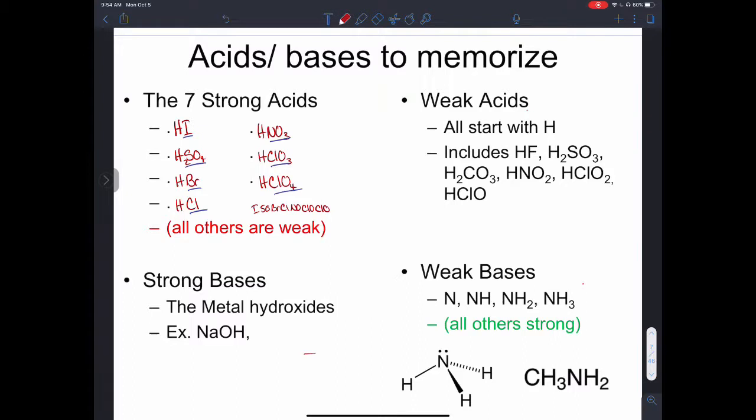So if you can remember isobroclo, no clo-clo, then you can write out the acids pretty easily, knowing that they all start with a hydrogen, and then it's hydrogen with an I, hydrogen with a so, bro, clo, no, clo-clo.